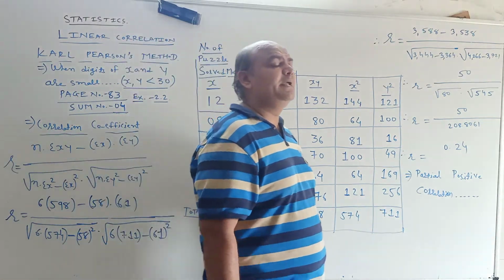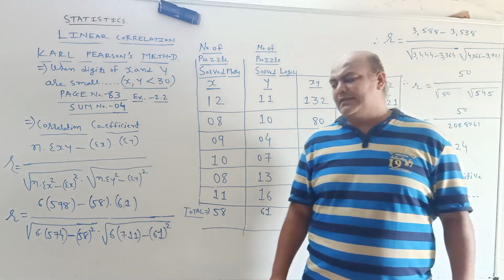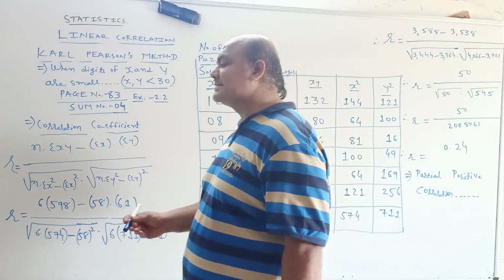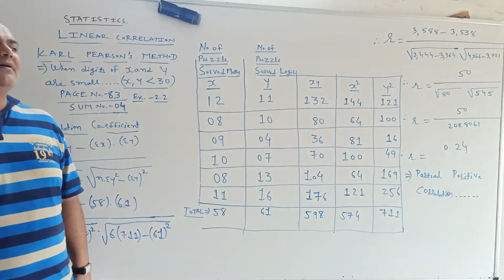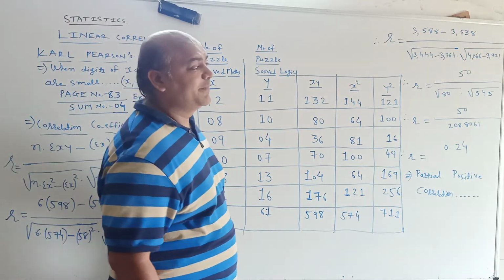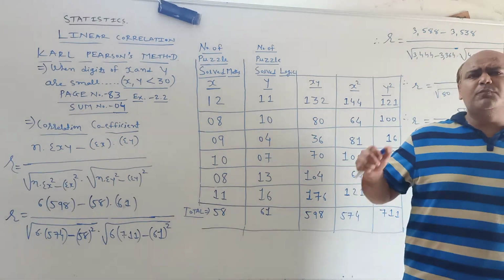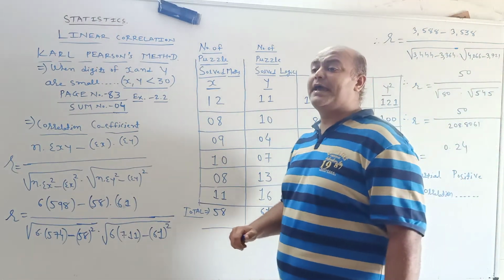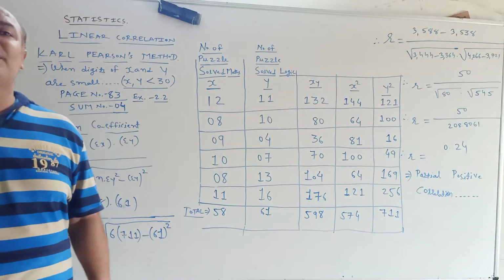The practical meaning is that there is a difference between mathematics and logic. Sometimes students can solve the puzzle of mathematics, but they can't solve the puzzle of logic. Or they have positive correlation, but not a very high degree of positive correlation.